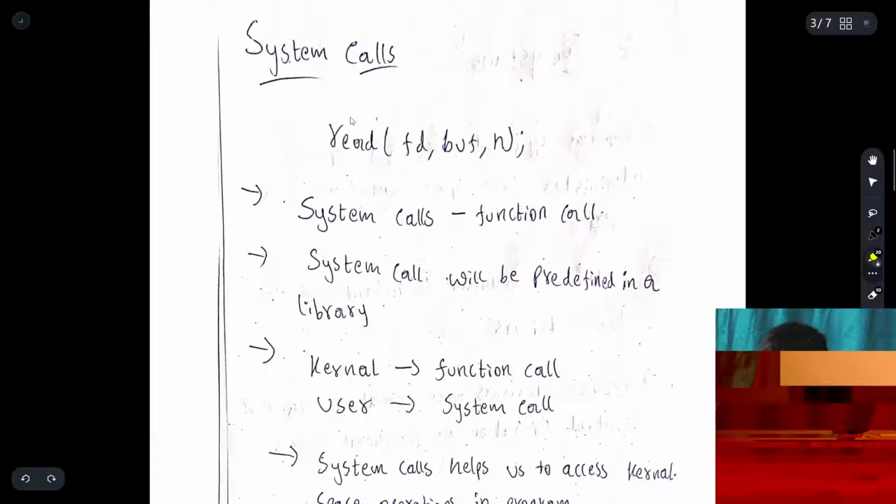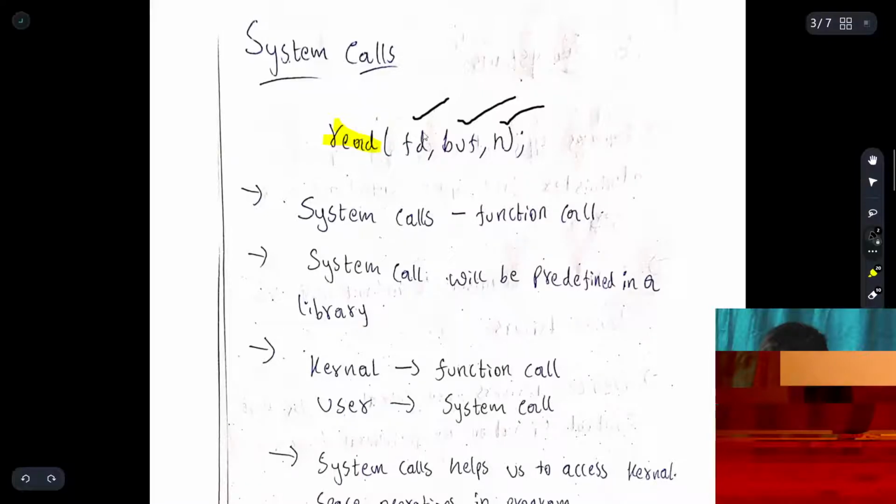And then, coming to system calls, read is a system call. In the read system call, it has three parameters. I only mentioned three, there may be more than three, I don't know. They are file descriptors, buffers, and a value, something like an n value.